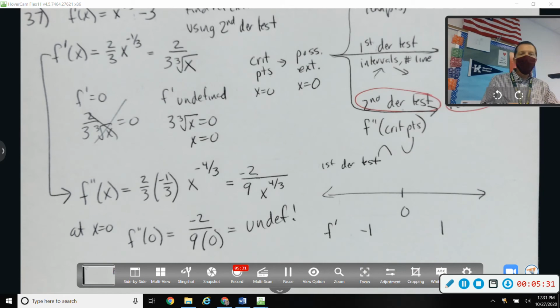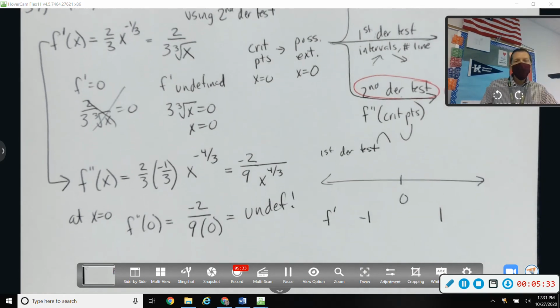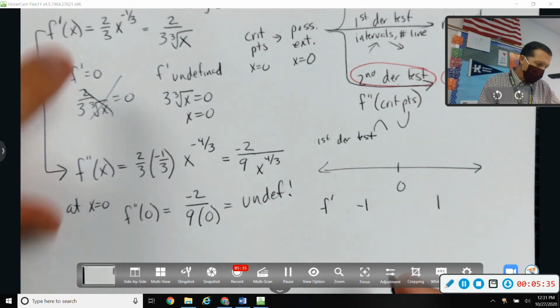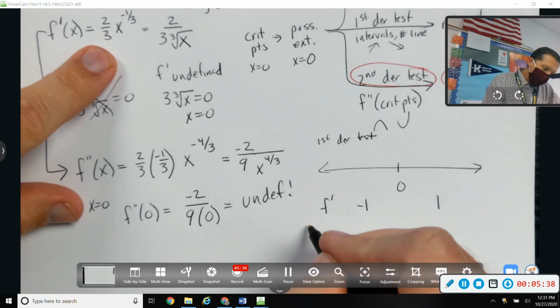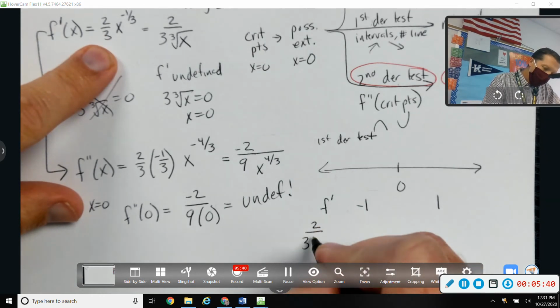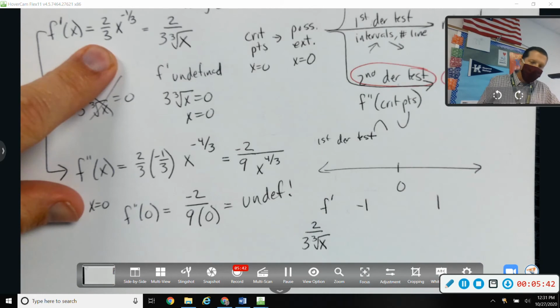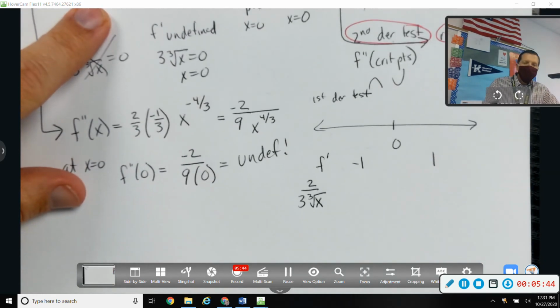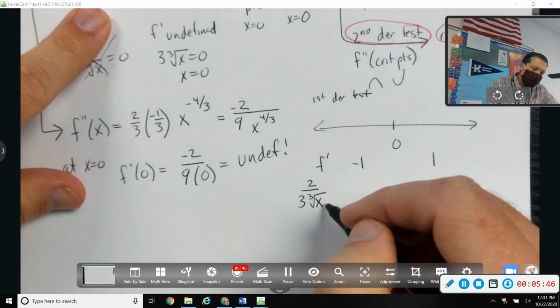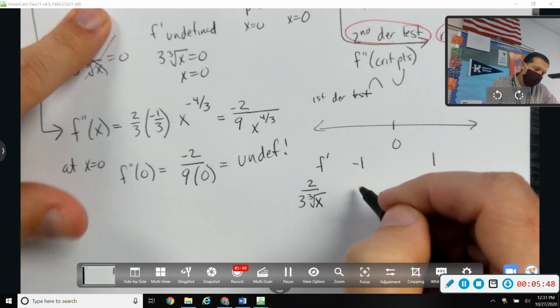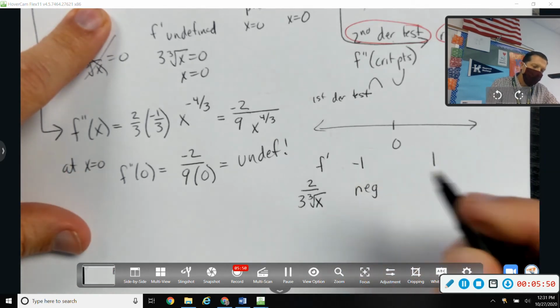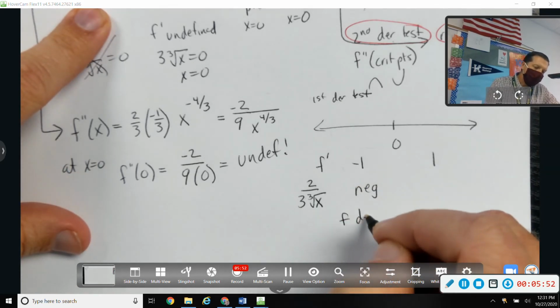And I'm curious about increasing and decreasing. So f prime was 2 over 3 cube root of x. So if I plug in -1, I get negative, whatever it is. That means f is decreasing.